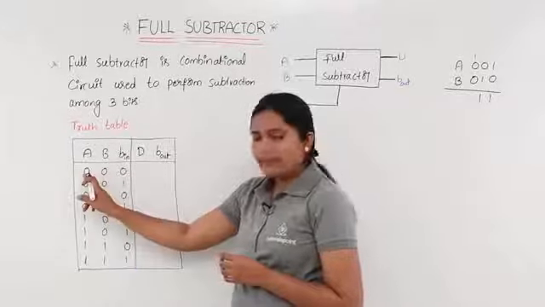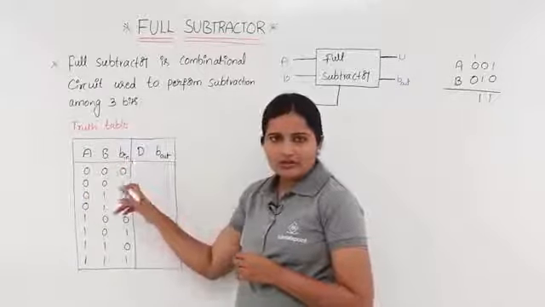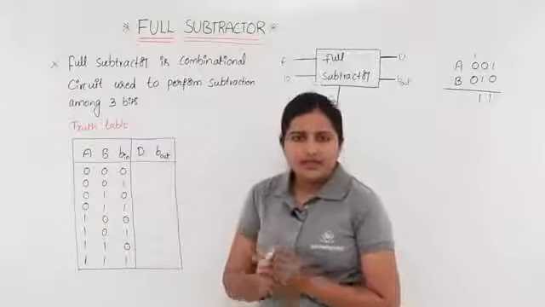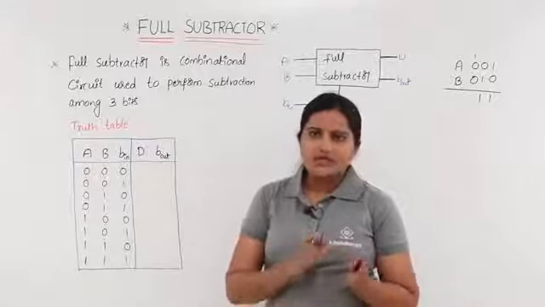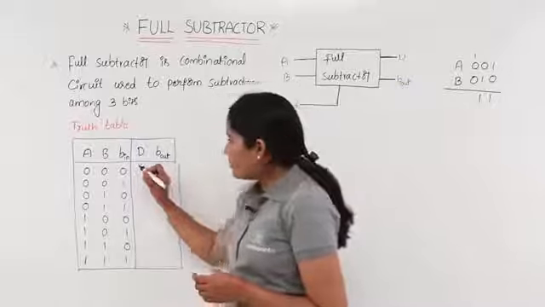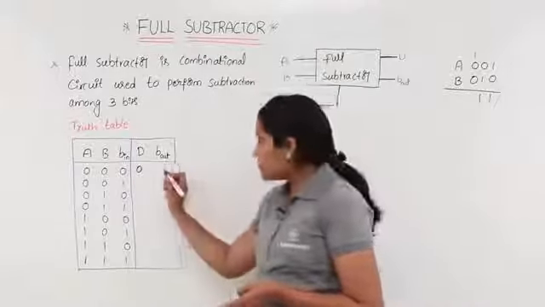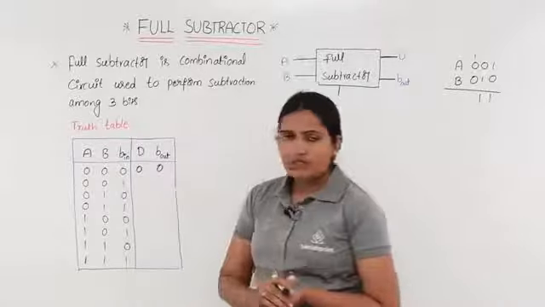For example, first I am doing 0 minus 0, the result is 0, again 0 minus 0, the result is 0. So the difference is 0. In this case, is there any borrow? No, so just put 0 in the borrow out column.